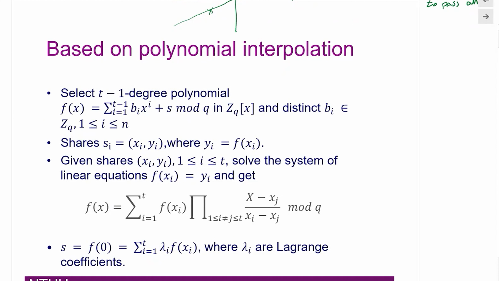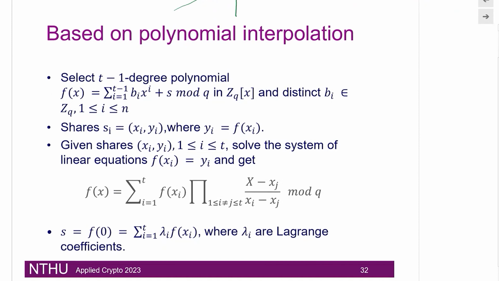So the idea over here is that when you want to have t out of n secret sharing, the requirement is to have this setup. We need to find a degree t minus 1 polynomial, and we are going to denote this polynomial f of x.